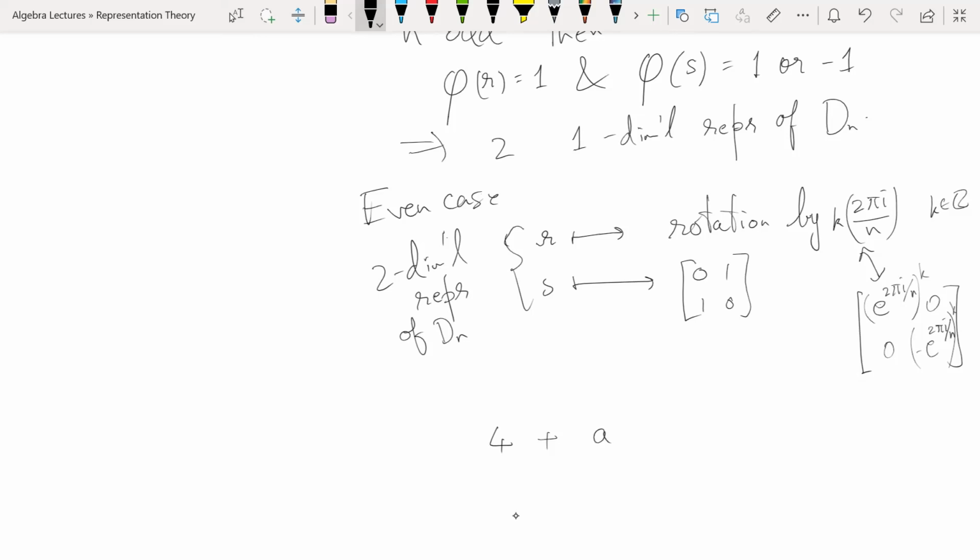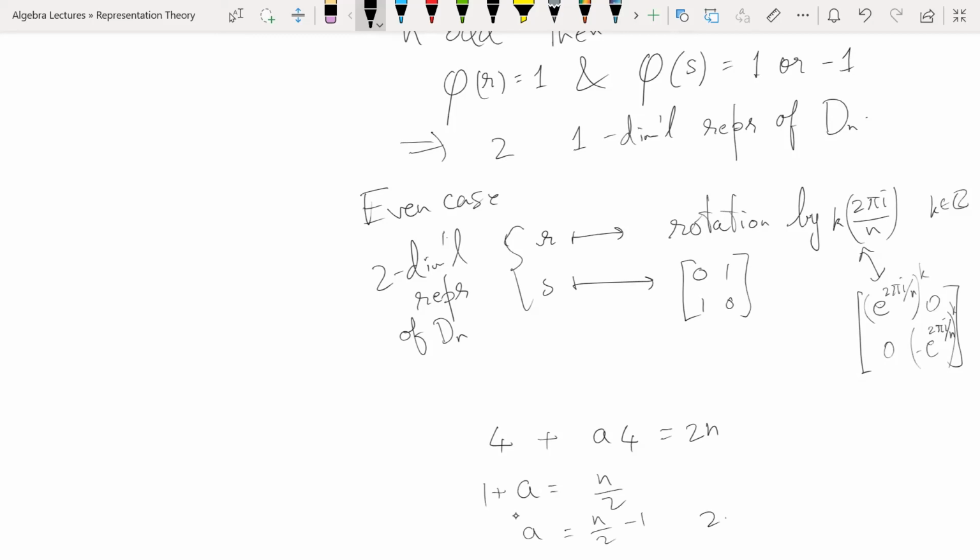Then the summation of n_i squared is the order of the group. So A times 4, because 2 squared is 4 and 1 squared is 1, should be the same as 2n. That tells you that A plus 1 has to be n over 2, so A has to be n over 2 minus 1.